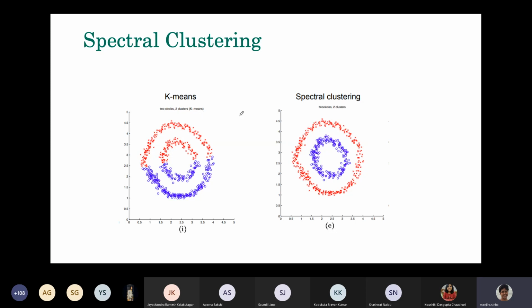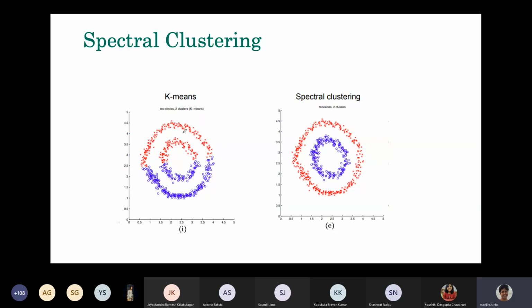So now, why spectral clustering on the graph, and why not go for K-means clustering on the graph? As you can see, on the same data set, these are the outputs.